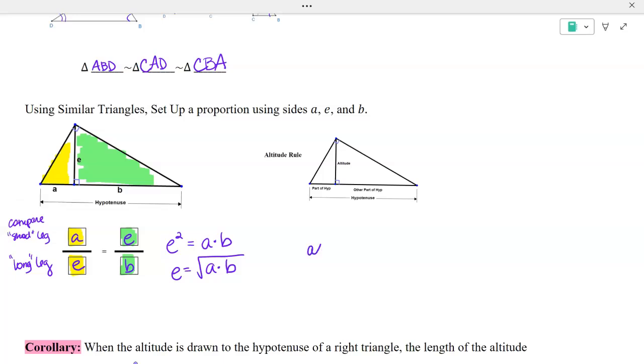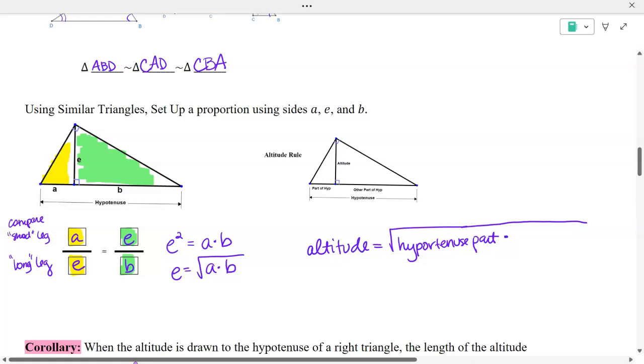And so what this generally tells us is that the altitude is going to be the square root of one part of the hypotenuse. So you can just call this a hypotenuse part, which what we just did was A times the other hypotenuse part, which in this particular example was B.